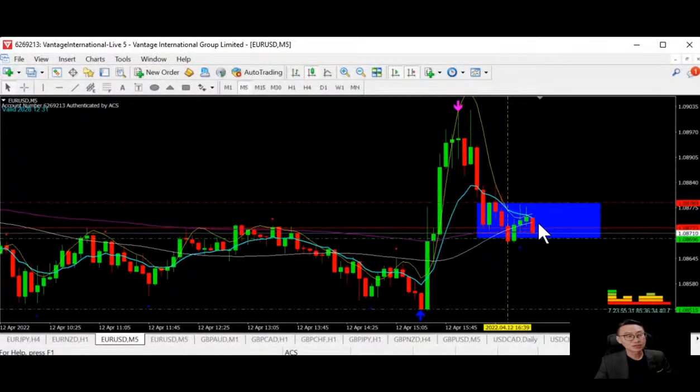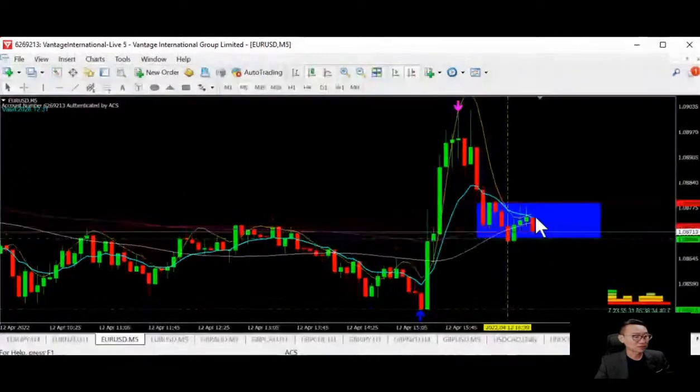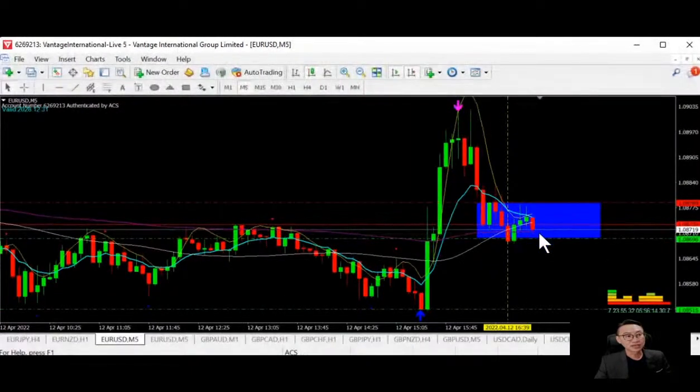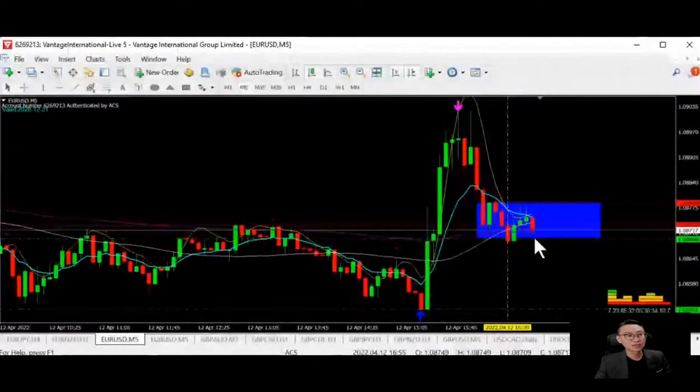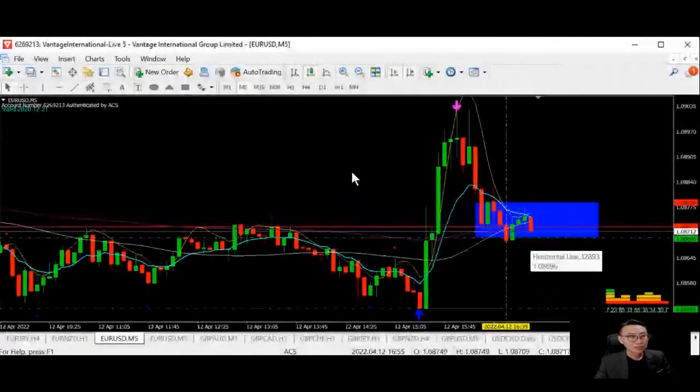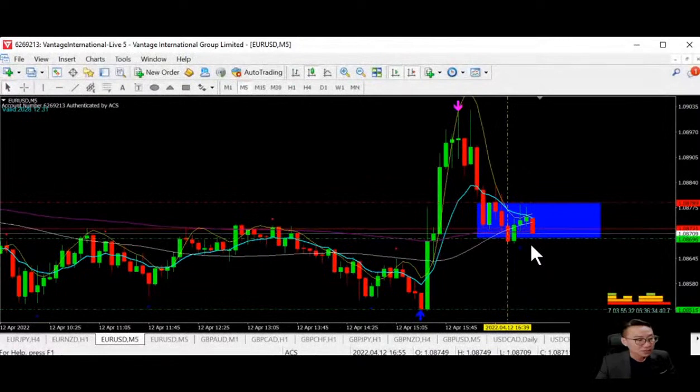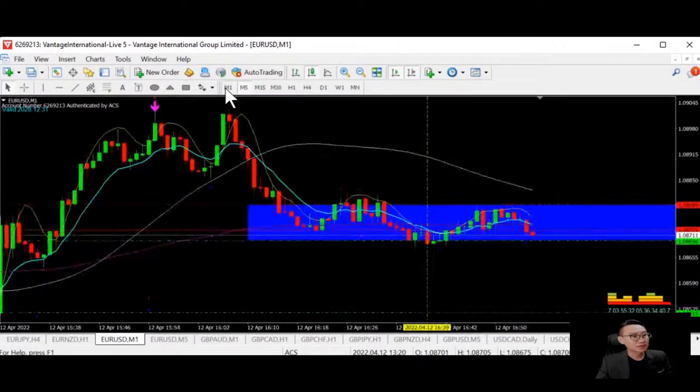The purpose of building up this new lower resistance over here is to test the support level here. So right now, let's see how it tests the support. How about in M1?